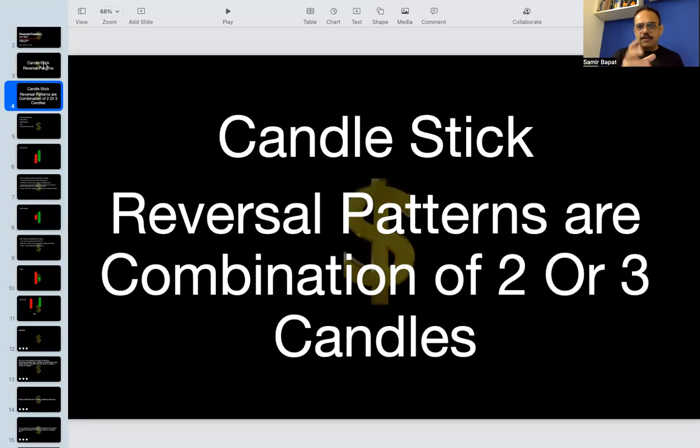Just to give a reference: when I started trading in 2004, the same software which is available for free from TradingView, and even with Zerodha, Fyers, everyone giving those charting software for free, was available for around 20 to 30,000 rupees 20 years ago. Inflation adjusted, that was almost 1 lakh rupees in value.